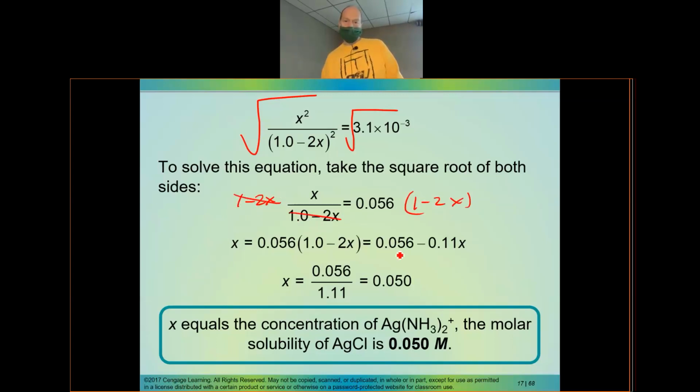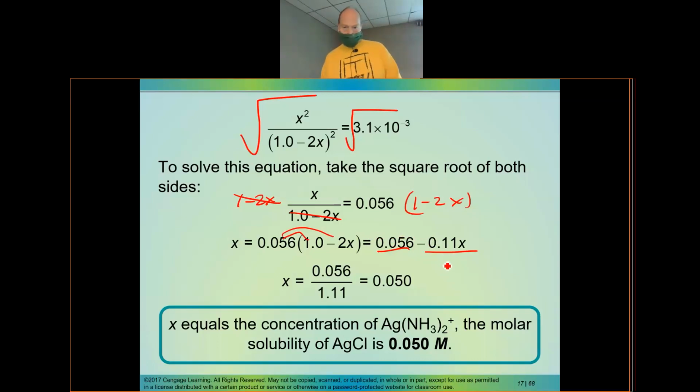And that got rid of the 1 minus 2x. And so then they had their x is equal to the 0.065, and then they're going to distribute that 0.065 to the 1 and the minus 2x. And so that is your 0.056 minus your 0.11x. Then you add 0.11x to both sides.